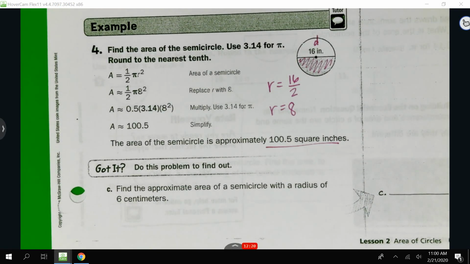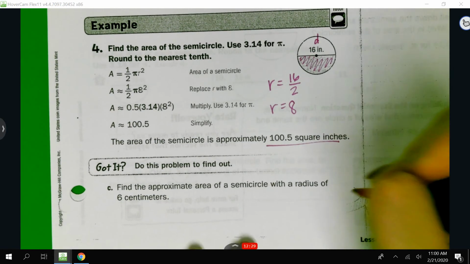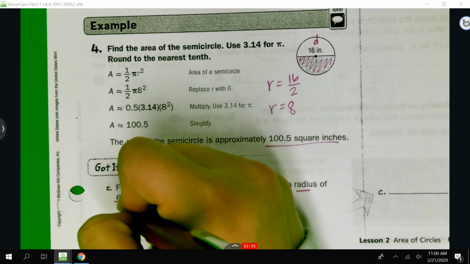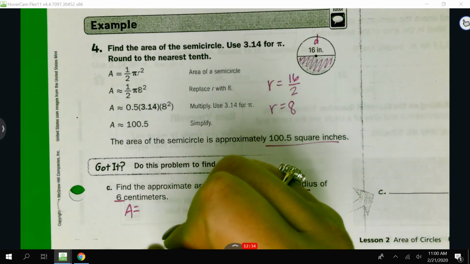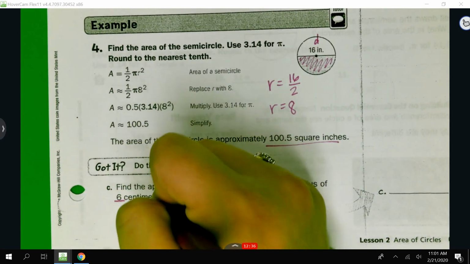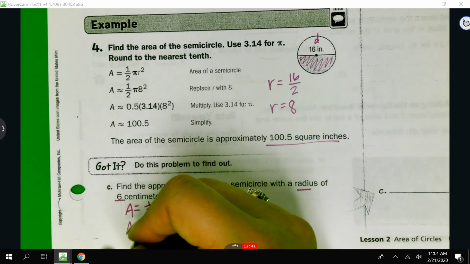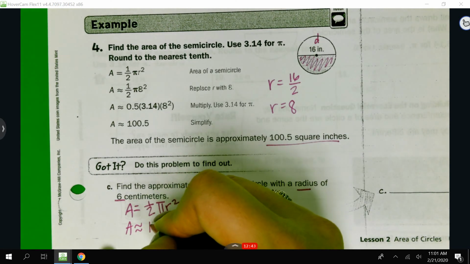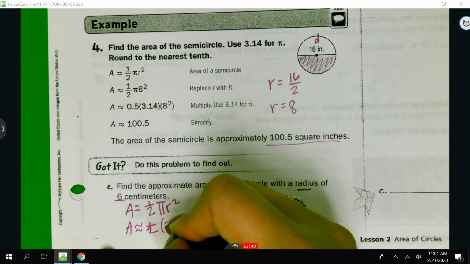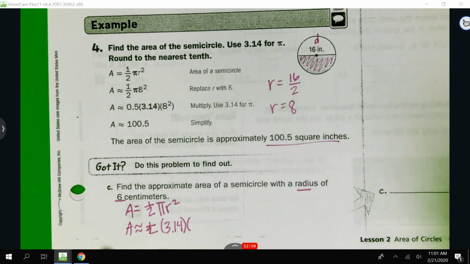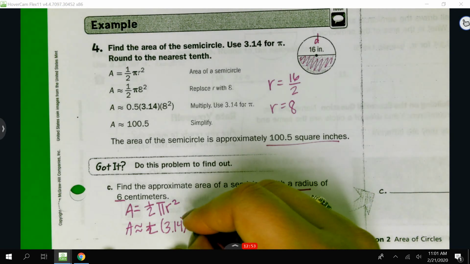Find the approximate area of a semicircle with a radius of 6 centimeters. So do I need to find the radius, or was it already given to me? It's already given to you in this case, so you don't have to find it. So my formula is A equals what? 1/2 pi r squared. So you've got 1/2 times 3.14 times 6 squared.